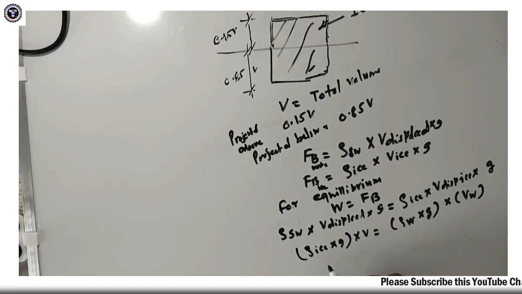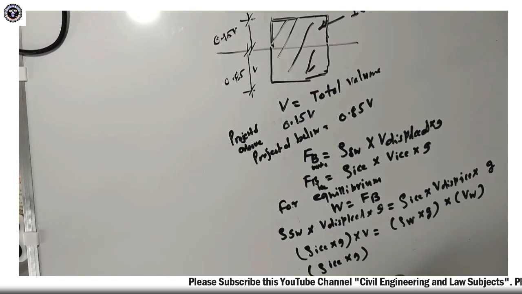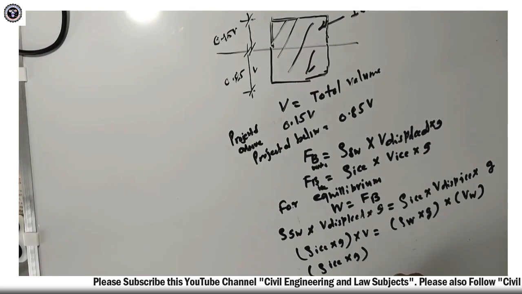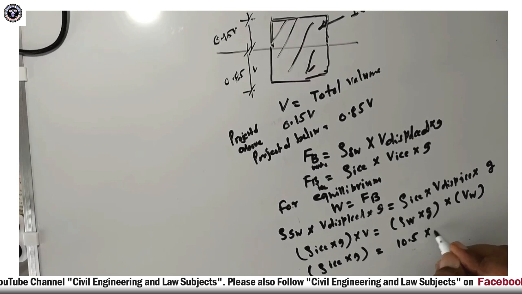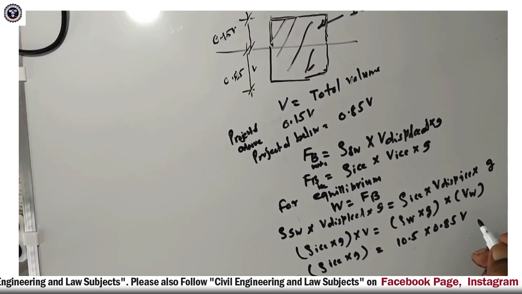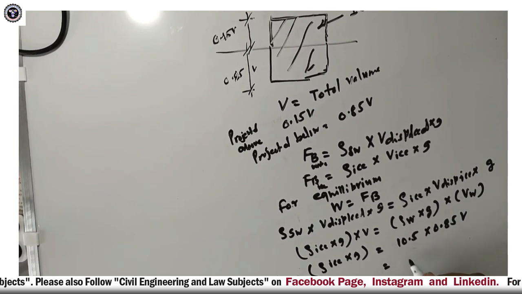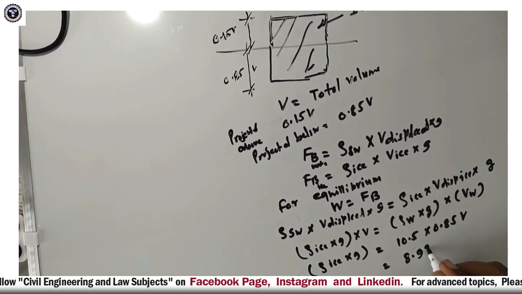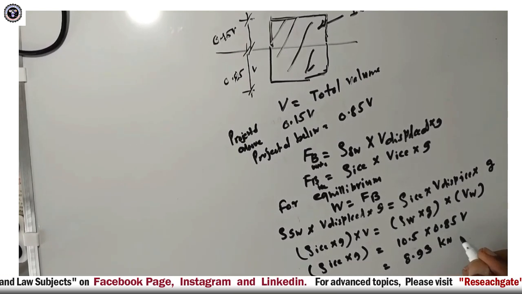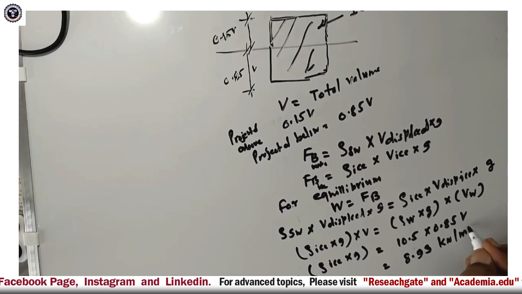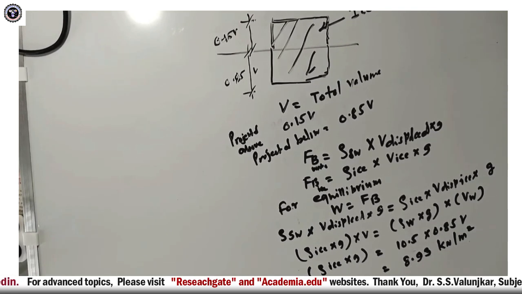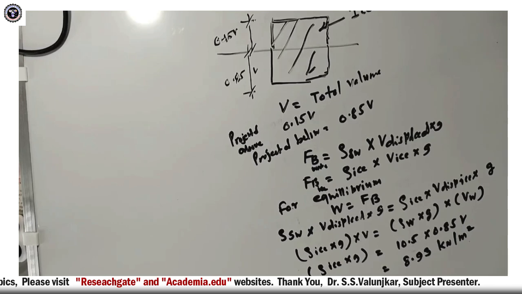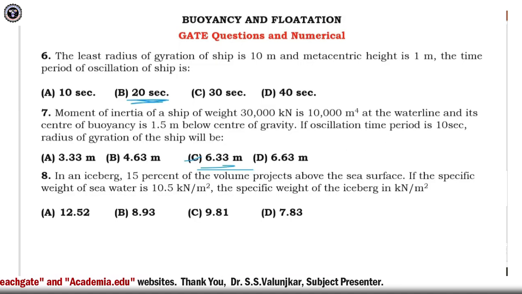So rho ice G is equal to 10.5 into 0.85 V, that is equal to 8.93 kilonewton per meter cube. So that is 8.93 kilonewton per meter cube.